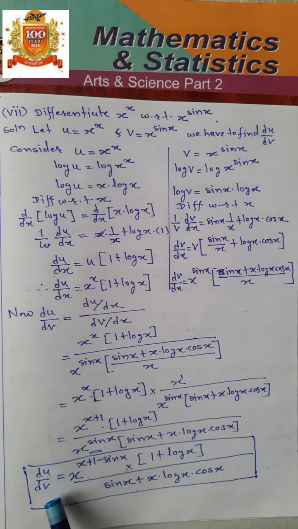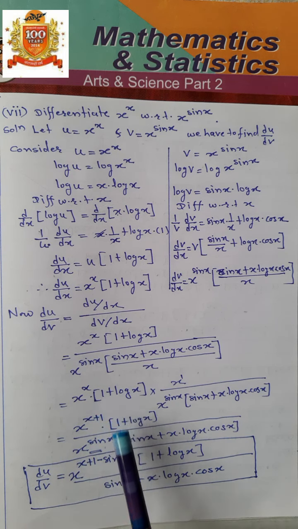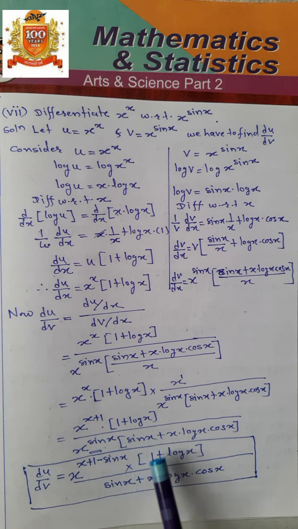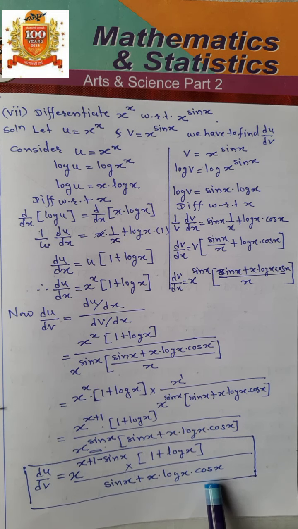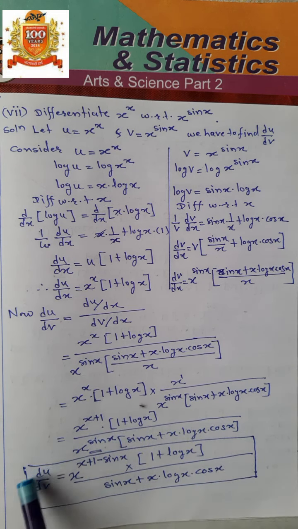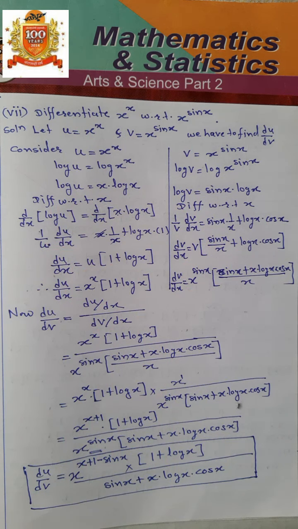We get du by dv is equal to x raised to power x plus 1 minus sin x, this goes in numerator, into bracket 1 plus log x as it is upon sin x plus x into log x into cos x. In this way, we can get the answer of problem number 7, isn't it?